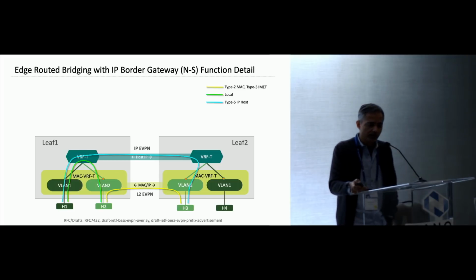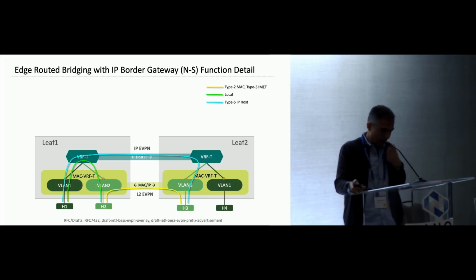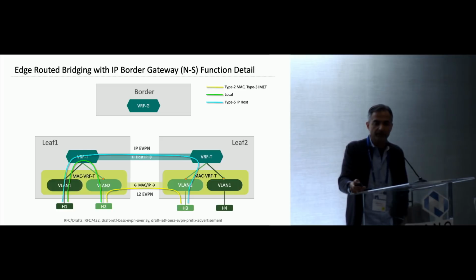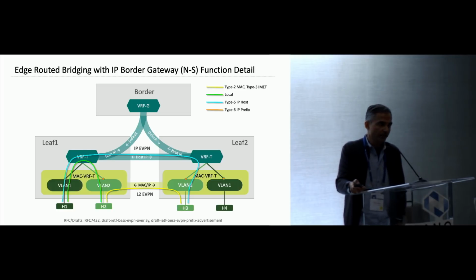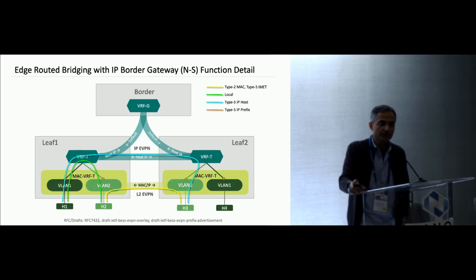Okay, so here's a case where we have a need to connect this edge routed bridging tenant to the external world. We add our border gateway with VRFG, add a hub and spoke VPN between VRFG and the tenant VRFs, and advertise down the default from the VRFG and advertise up the host routes.